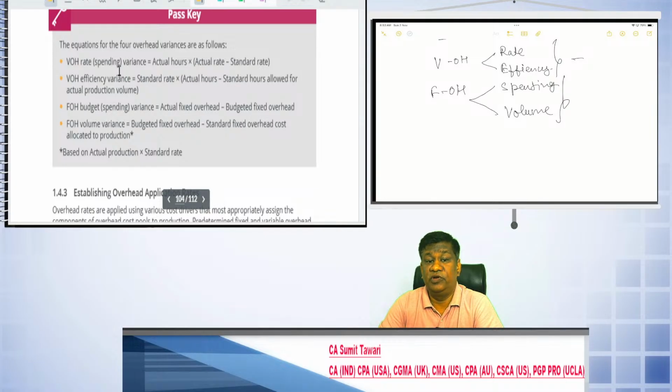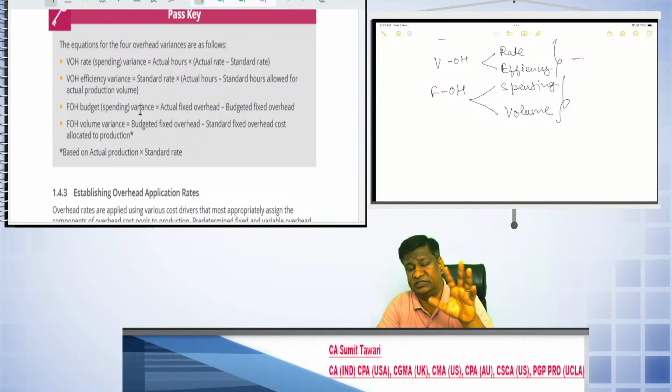Variable overhead rate variance means actual hours multiplied by actual rate minus standard rate, and the efficiency variance is standard rate multiplied by actual minus standard hours. So the same way we calculate the labor hour. Fixed overhead budget spending: here actual fixed overhead minus budgeted fixed overhead.